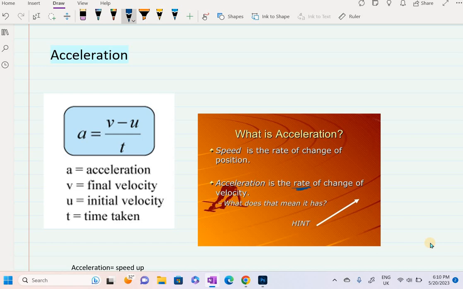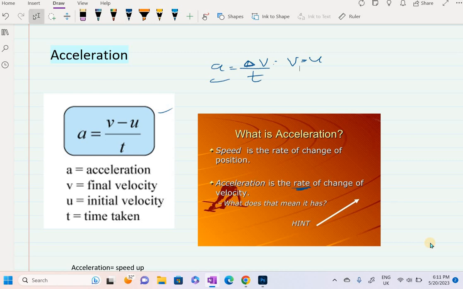Okay, so as you see here, the change of velocity, so the final minus the initial, there is a change. Or I can write by Latin, this is delta, it means change. Delta V means change of velocity over the t. This is correct. This delta V means V minus U, the change of the velocity. Okay, over the time. So if I change the velocity by unit time, then I have acceleration.